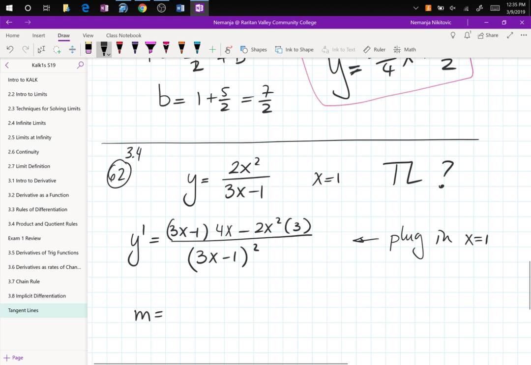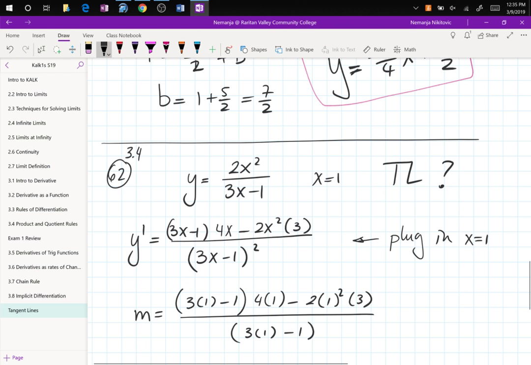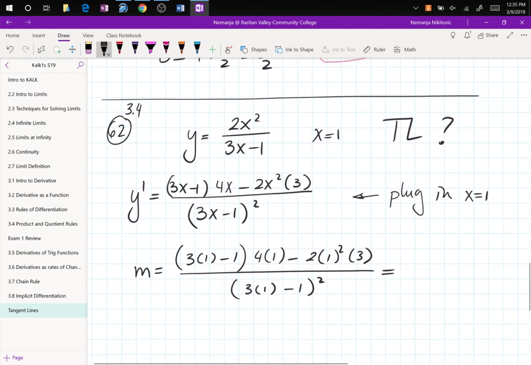So now plugging in 1, it's going to be 3 times 1 minus 1 times 4 times 1, minus 2 times 1 squared times 3, divided by 3 times 1 minus 1 squared. 3 minus 1 is 2, so we have 2 times 4 minus 2 times 3 divided by 2 minus 1 squared. So 8 minus 6 is 2 divided by 1 squared, which is 1. So the slope is 2.